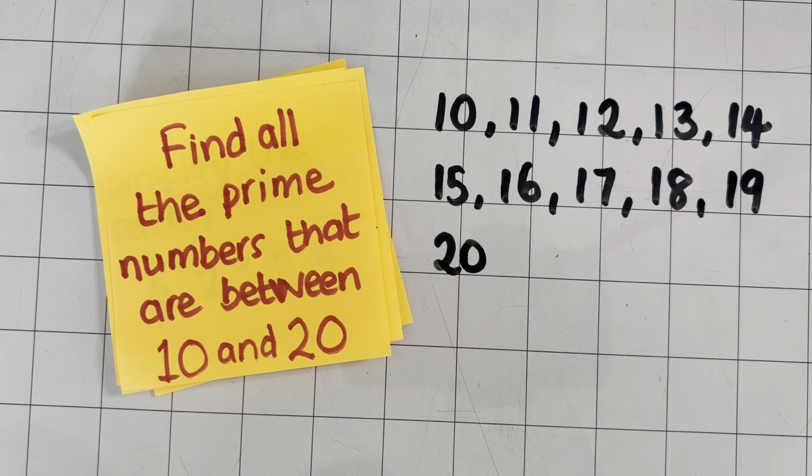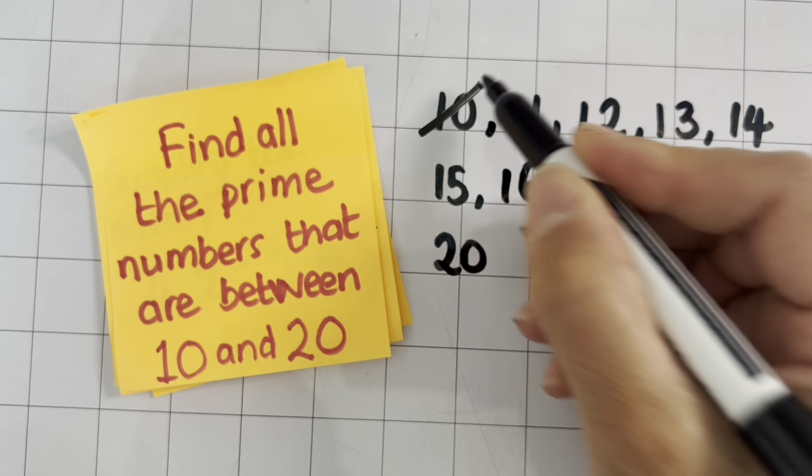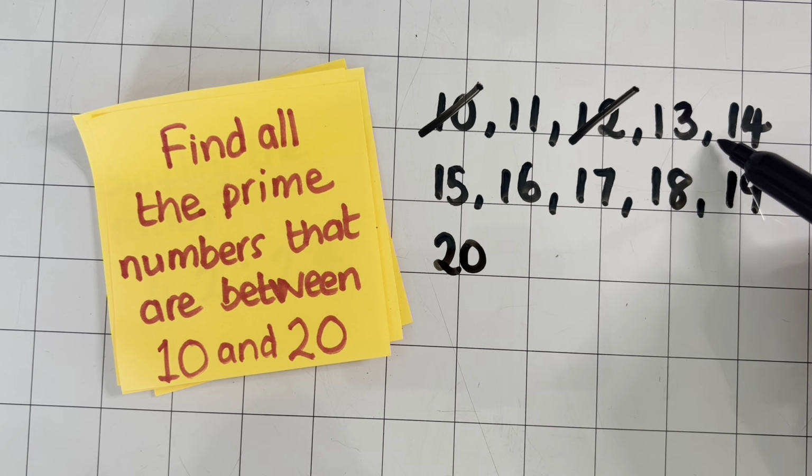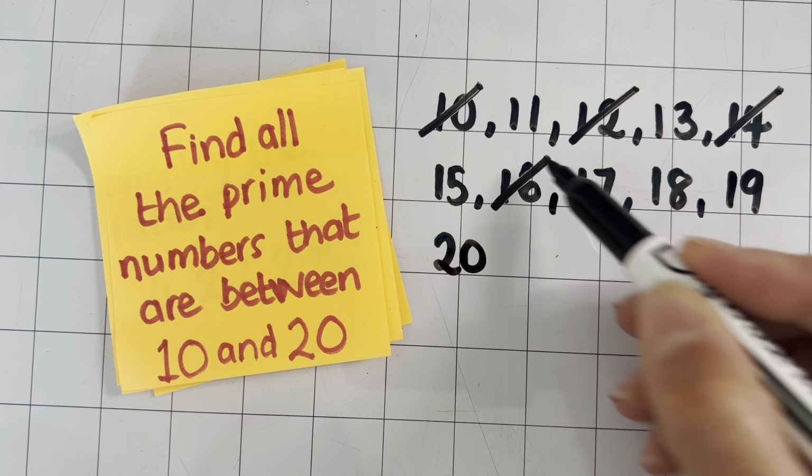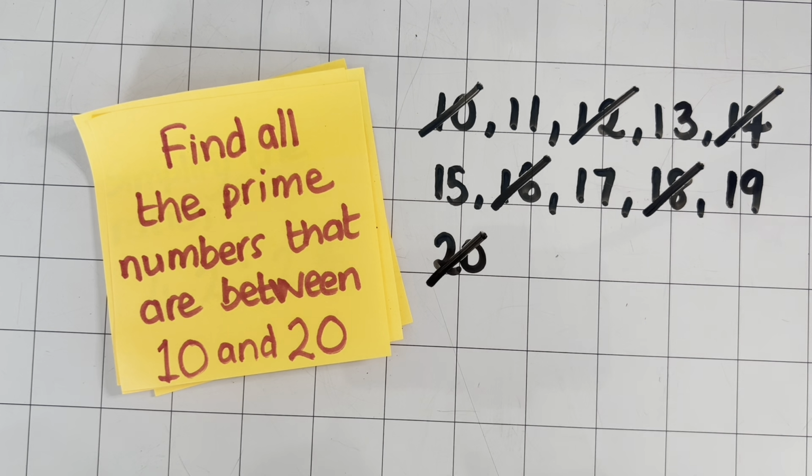So first of all, we can remove all of the even numbers because they will have 1 and itself and a factor of 2. So 10, 12, 14, 16, 18 and 20 can be removed.